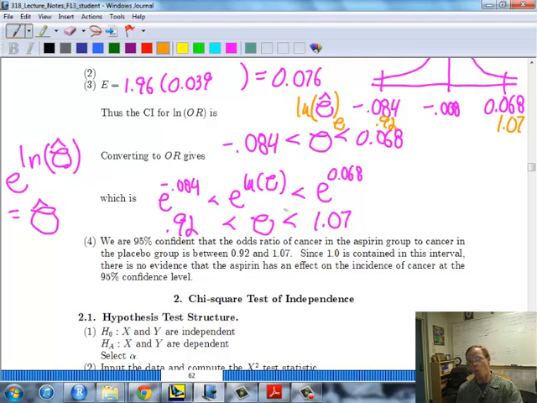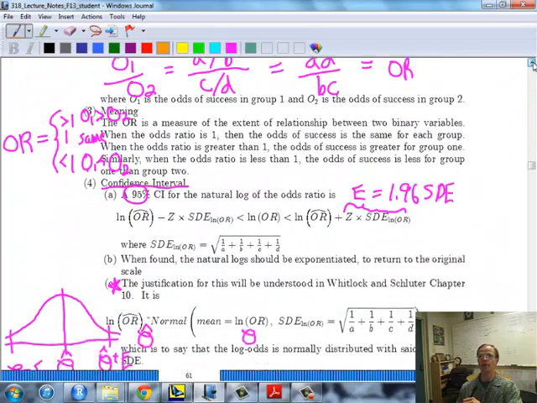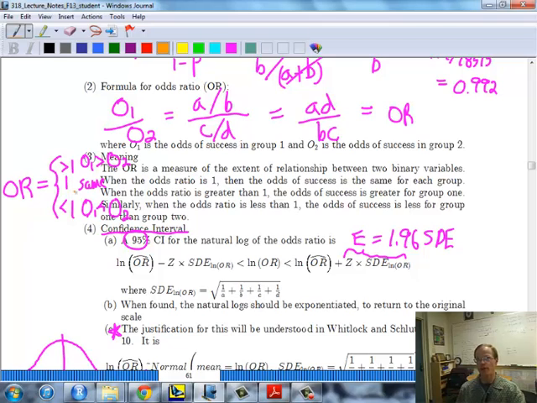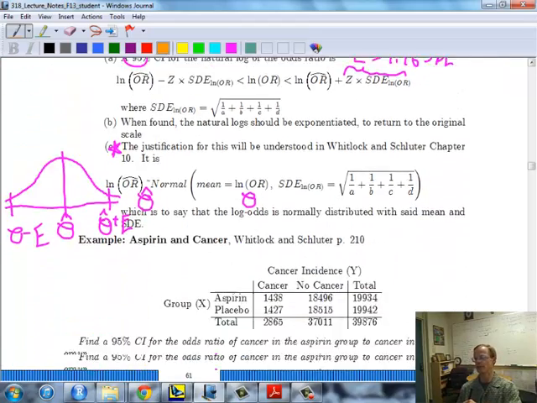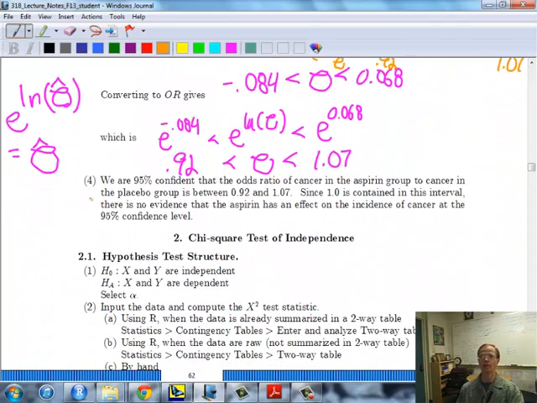Now, since 1 is contained in that interval at the 95% confidence level, it appears that the unknown parameter is somewhere near 1, meaning that the odds of getting cancer are the same for the aspirin group and the placebo group, which means that taking the aspirin every other day does not appear to have an effect on the cancer.